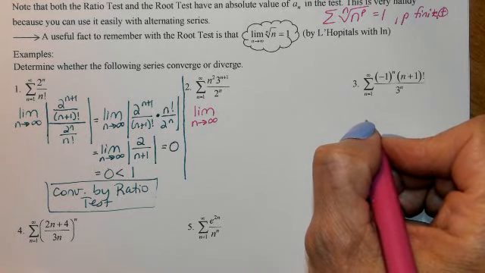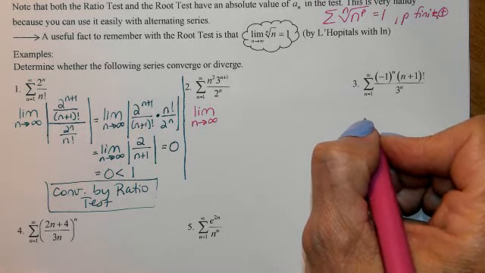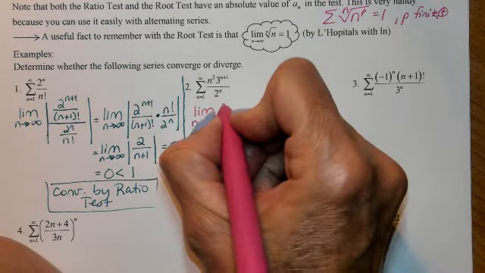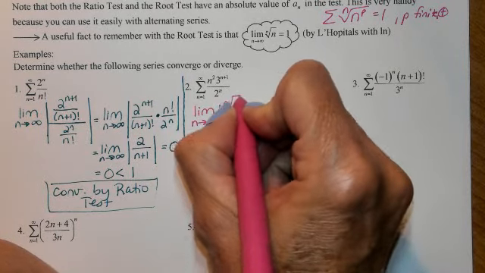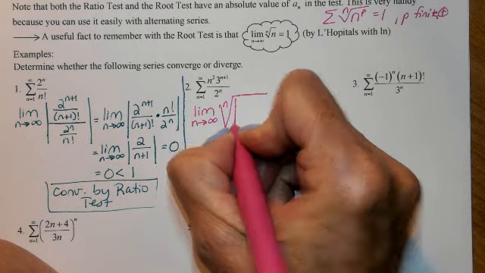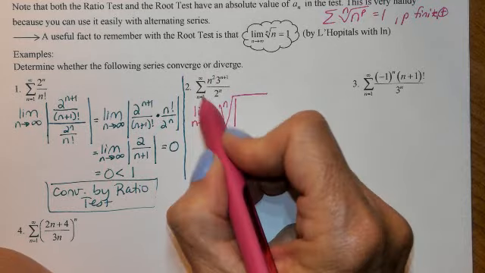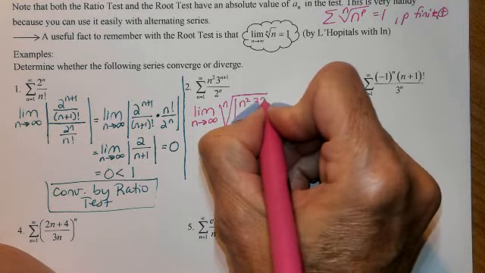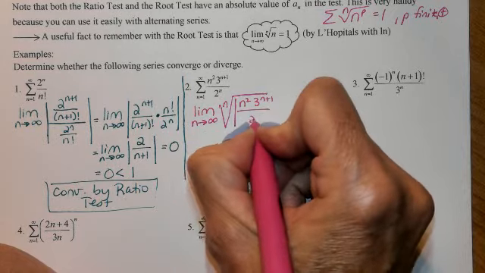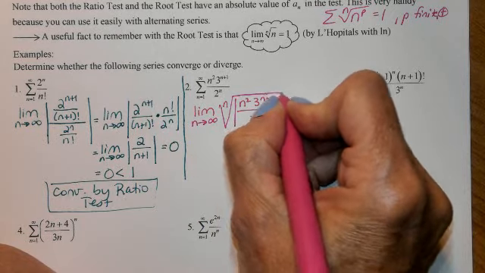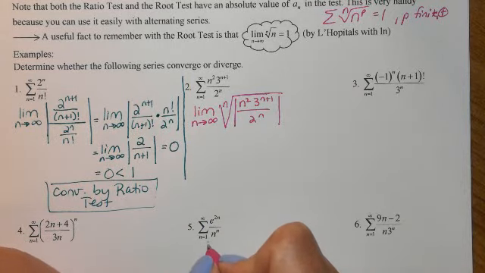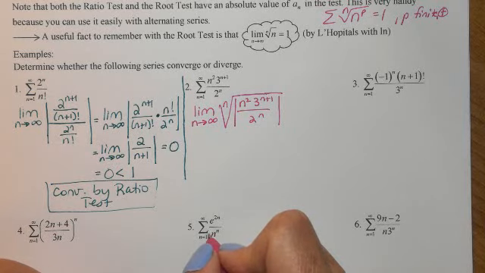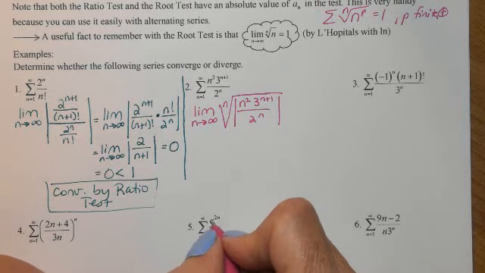It's not a root test if you don't show me a limit. And then you're doing the nth root of the absolute value of just your n expression. So let's see what's going on here.